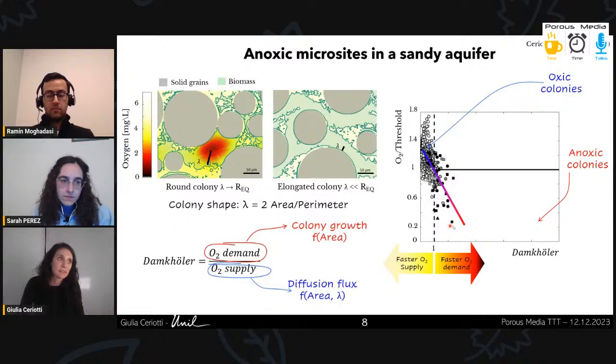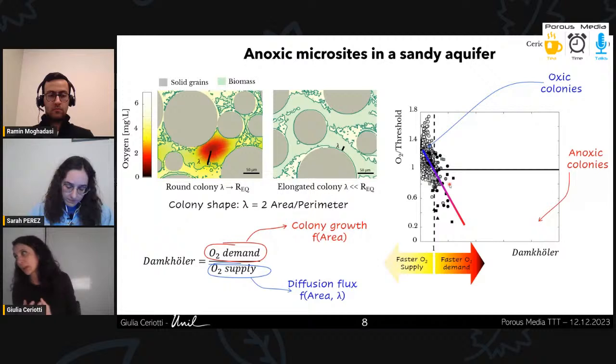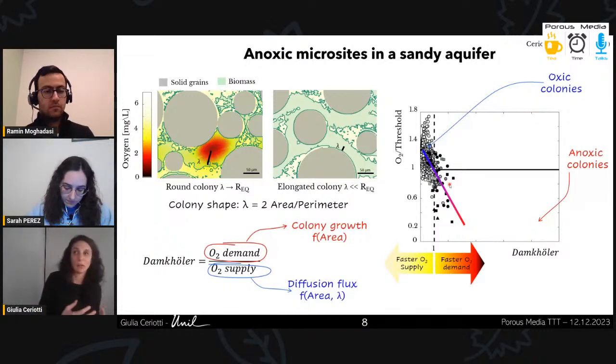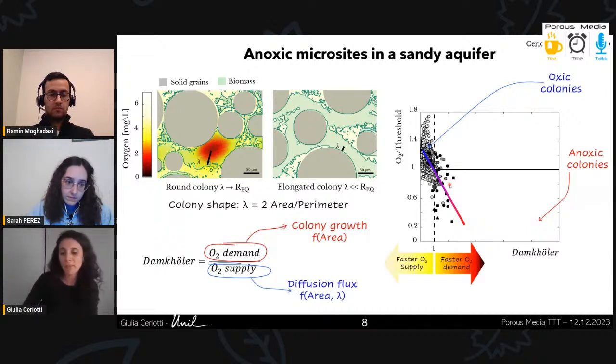But in some cases, the oxygen demand is so intense that we can see the formation of an anoxic microsite. So this means that the morphology of the colony is a driving factor for anoxic microsite formation and should be accounted for when we aim to predict anoxic microsite formation in real systems.